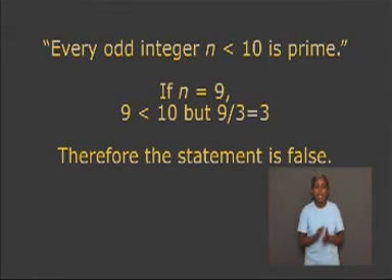The number 9 is a counterexample. It satisfies every aspect of the premise, but not the conclusion. Note that just one counterexample is enough to disprove a statement.